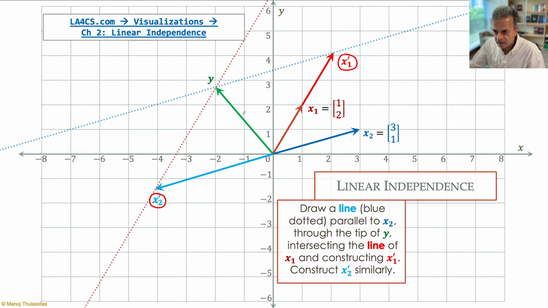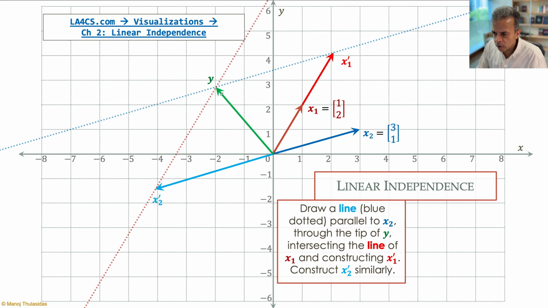It is because what you see here is a parallelogram and this is a diagonal, and as you know by construction, the diagonal of the parallelogram created by the vectors being the adjacent sides will give you the sum. So y now is actually x1 prime plus x2 prime.